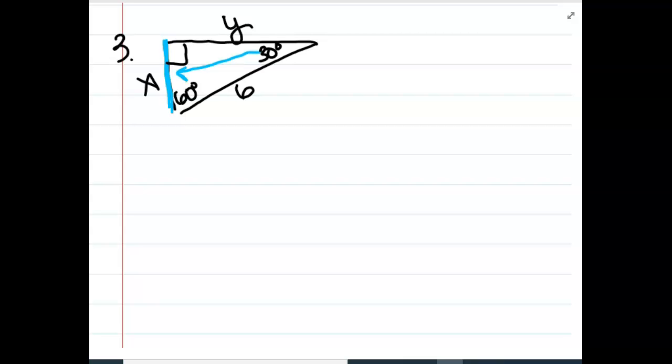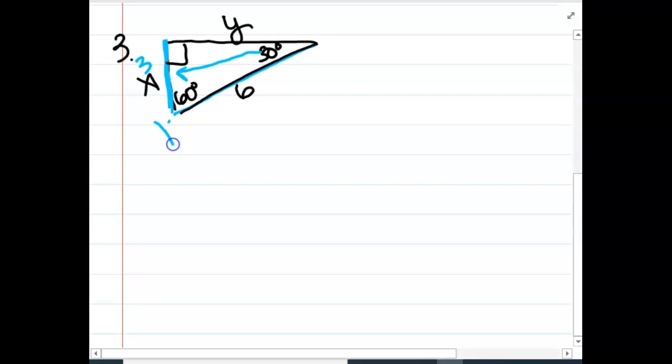Now, what would be nice, if I don't have that shorter side in a 30, 60, 90 triangle, the hypotenuse is really easy to find because remember, if you have the shorter side, the hypotenuse is always double that. But I have the hypotenuse, don't I? It's 6. So if the hypotenuse is double the shorter side, what is that shorter side? 3, yeah.